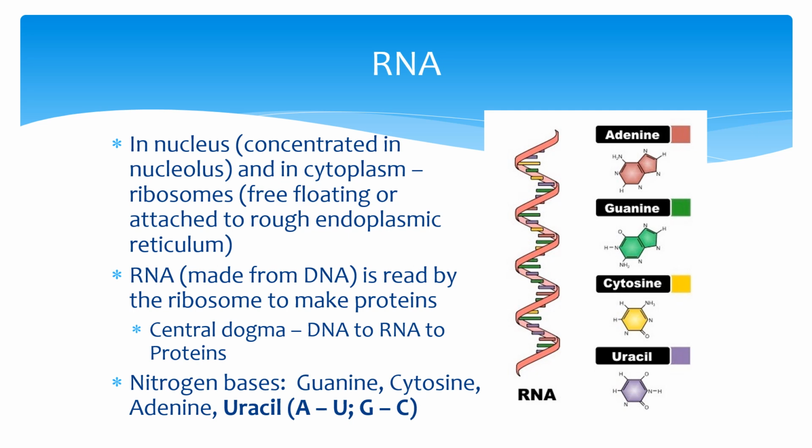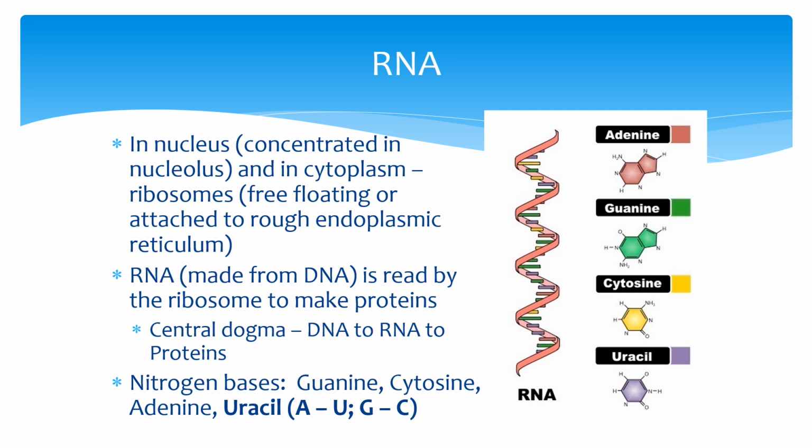So guanine pairs with cytosine. That is the same in DNA, same in RNA. Adenine will pair with thymine in DNA, but in RNA, adenine is going to pair with uracil. RNA is also going to be found in the nucleus as well as in the cytoplasm.